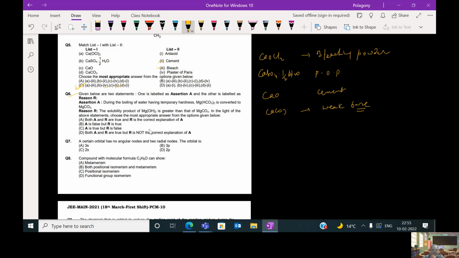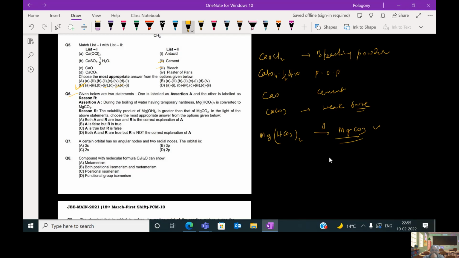Now, during boiling of water, magnesium bicarbonate upon heating gives MgCO3. Absolutely right.